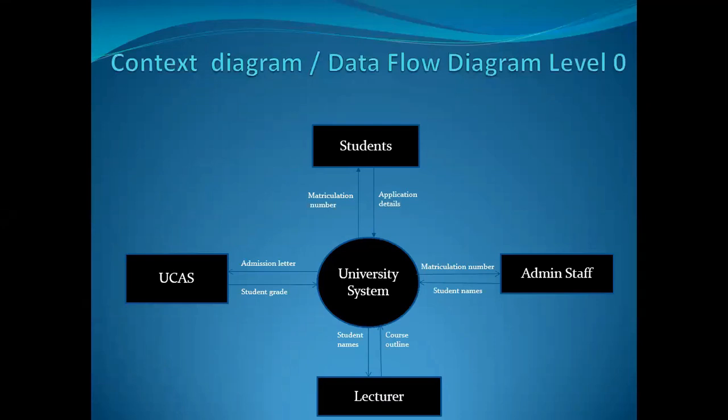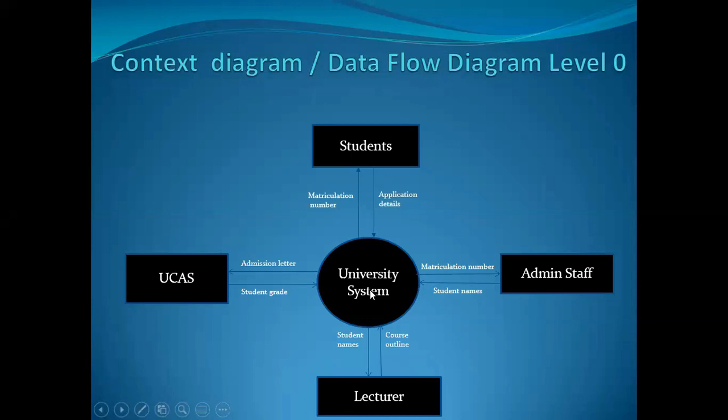So this is a context diagram. We usually call it level zero of the data flow diagram. This is the highest level, that's why we call it level zero. It shows the main system that we are trying to build, work on, or modify.